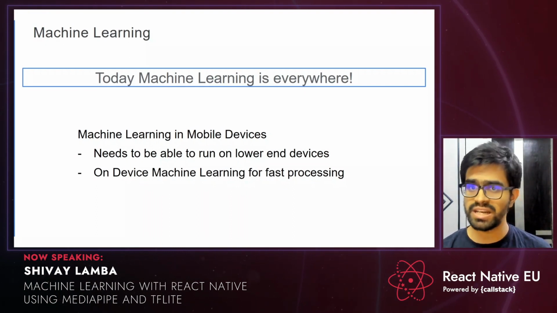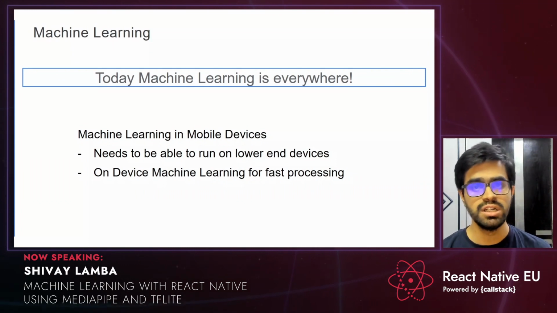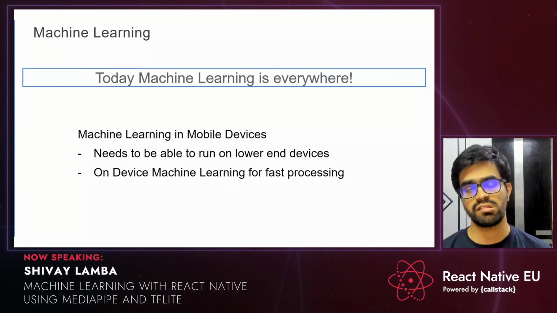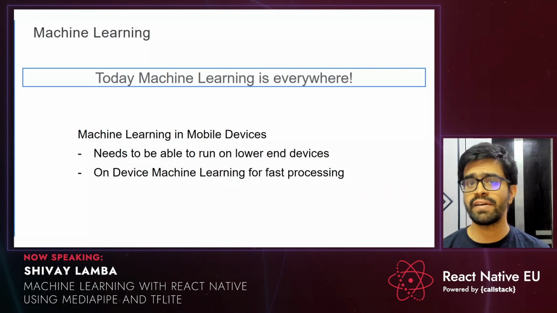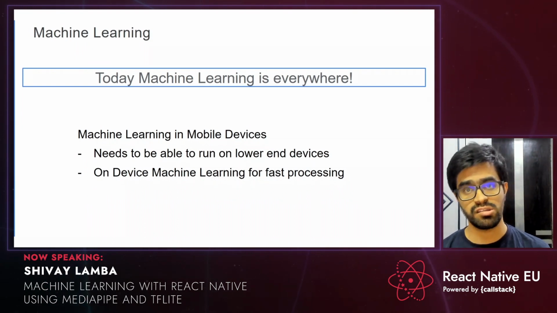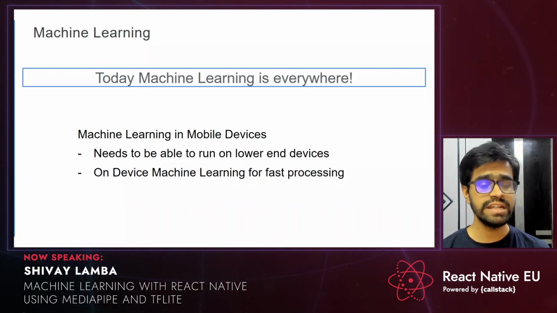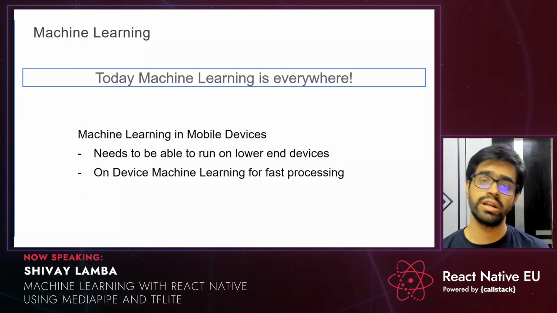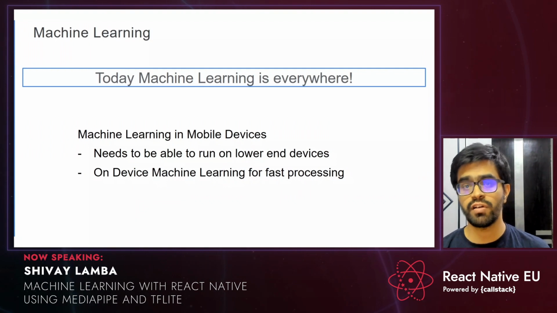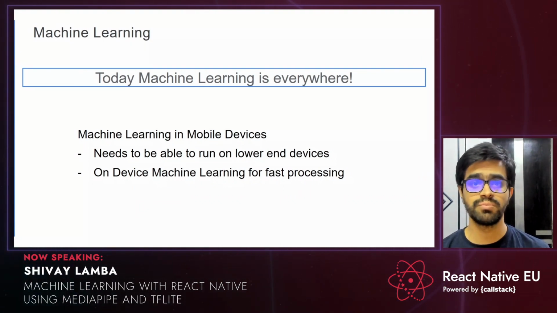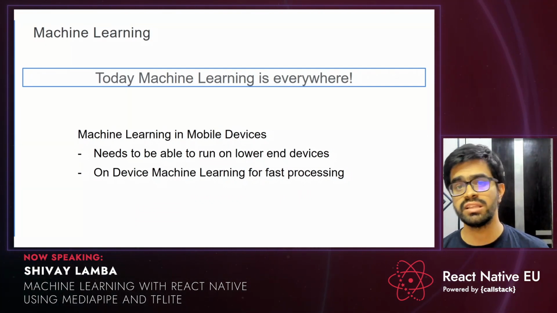It becomes imperative to include machine learning within mobile devices. Generally, mobile devices have lower end processors as compared to standard computers and servers. Therefore, there is a need to run machine learning models on lower end devices, and that requires specific changes to your machine learning models or support for running these models on these devices.